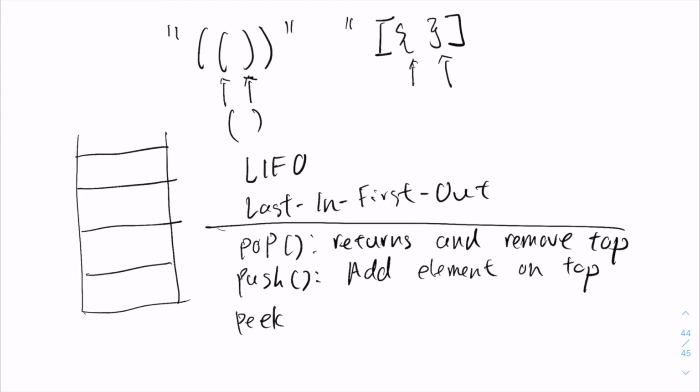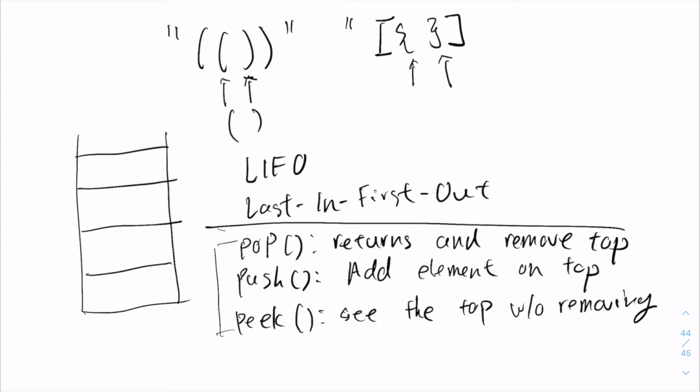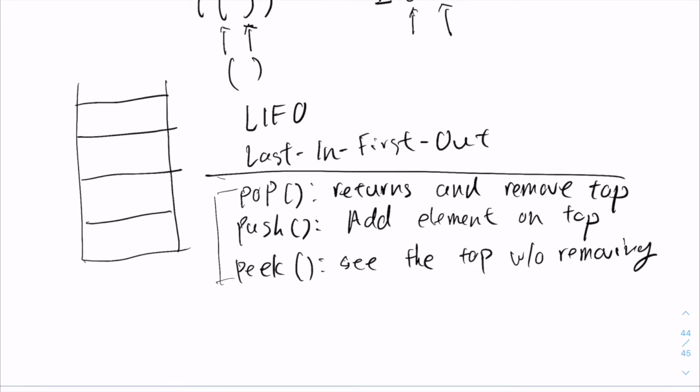Peek is like popping, but you don't remove it, so you just see what the top element is. In many languages, internally, a stack might be represented by an array, but it abstracts out all the complication and you are only exposed to these three operations, which means you are less likely to make any mistake, and all you do is put elements in and get elements out.